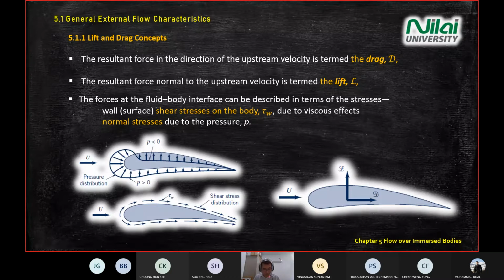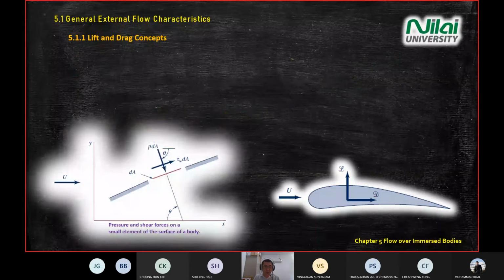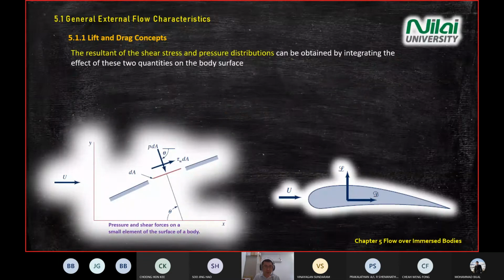Okay, we were going on question 5. How can the resultant of shear stress and pressure distribution be obtained? Meaning we start to derive the equation, in this case for lift. If you look at the diagram in your question 5, you will see the same diagram on the screen.